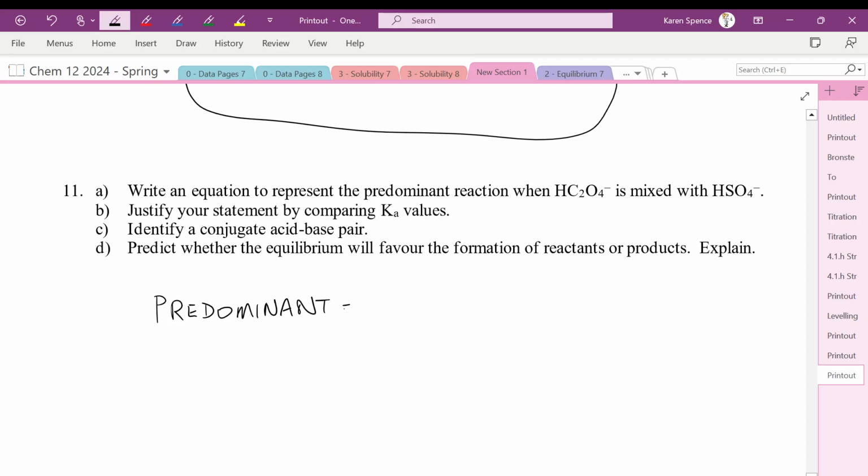Predominant means main. So we want to find an equation to represent the main reaction.